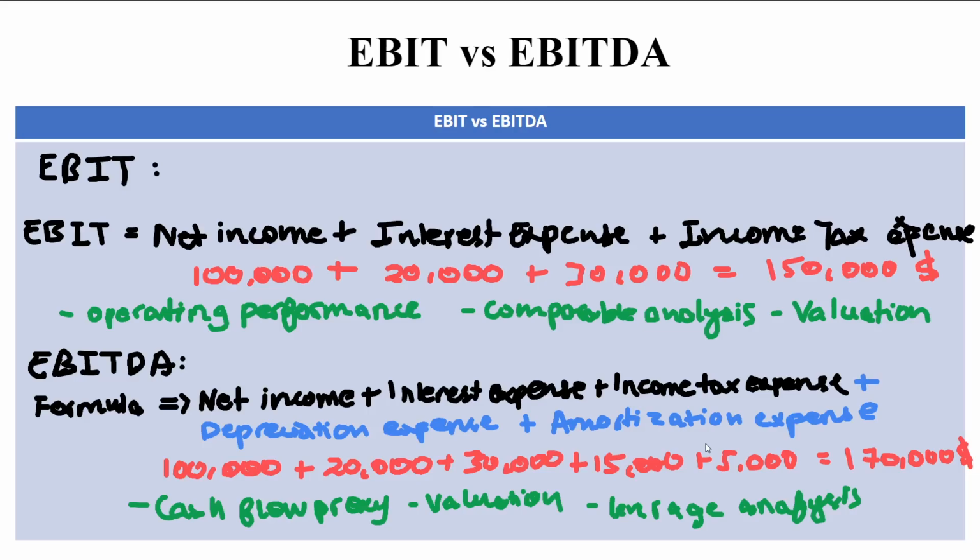It's important to note that while EBIT and EBITDA can be valuable tools for analyzing a company's financial performance, they should not be used in isolation. A comprehensive analysis should consider other financial metrics such as revenue growth, profit margins, and debt levels.